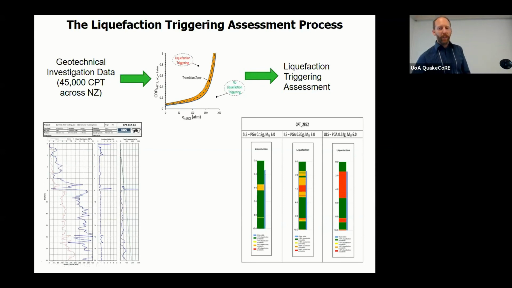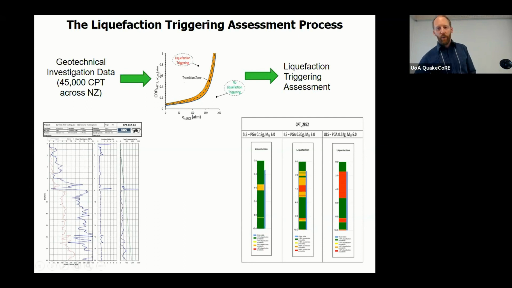So when your earthquake shaking gets very, very large, you tend to move further away from this boundary, and your predictions should indeed become more accurate. When your shaking intensities get very low, you move once again away from these boundaries, and your liquefaction predictions should become more accurate. As you approach these boundaries, we'd expect them to become more variable.